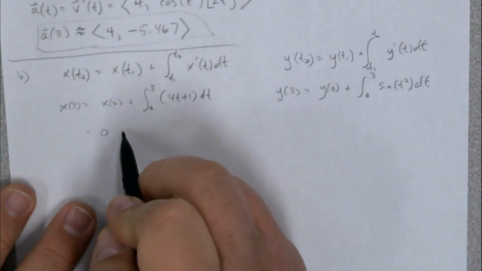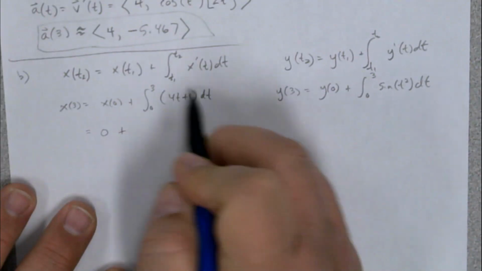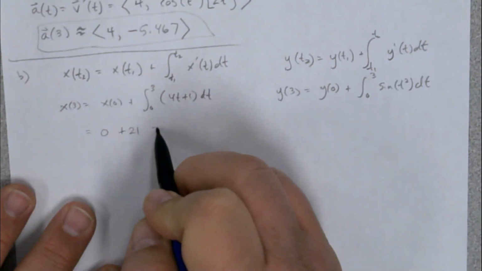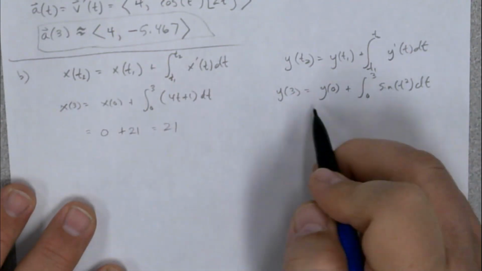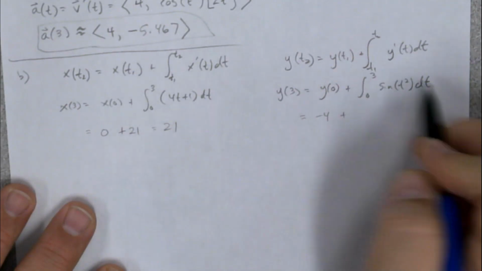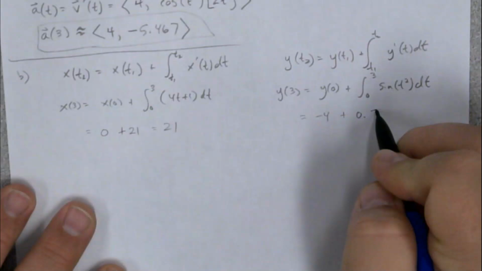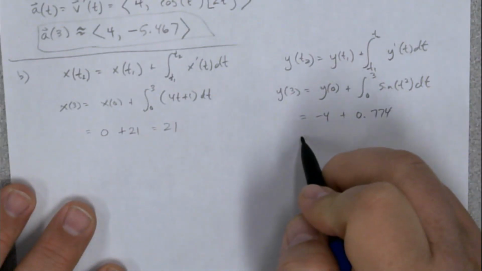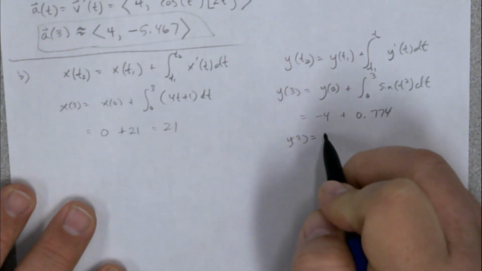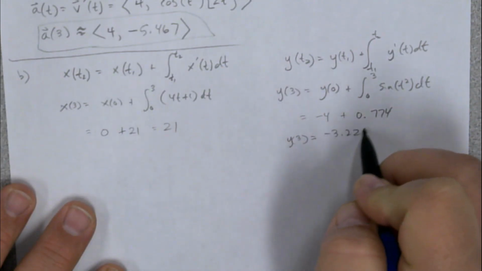So we have 0 plus, use a calculator for this, gives me 21. And so we have this to be 21. Here, this is going to be negative 4, and then use a calculator for this, rounding it off, you get 0.774. So y of 3 is negative 3.226.